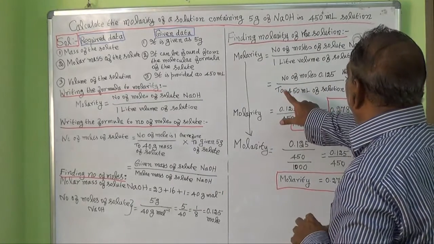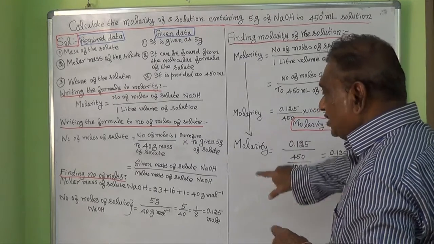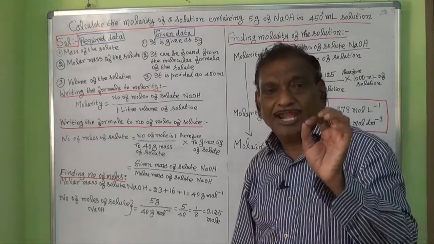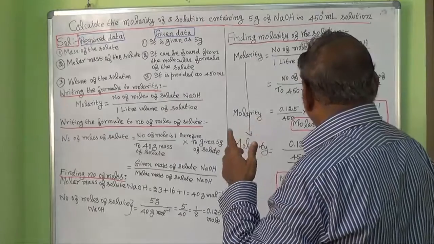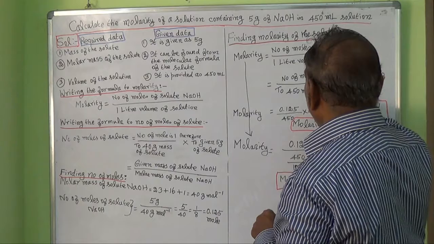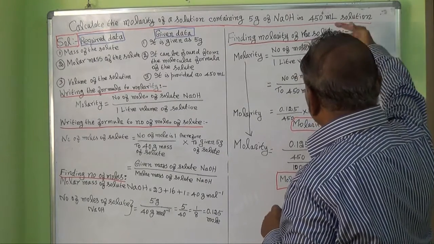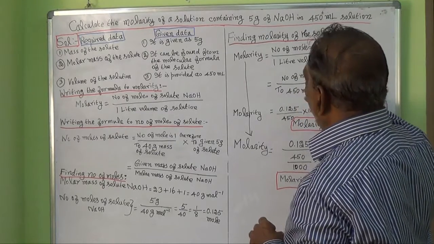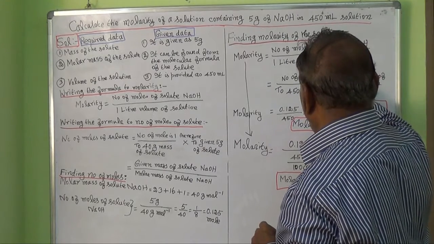So here number of moles of the solute is determined as 0.125. So that we can substitute the number of moles of the solute as 0.125. The volume of the solution is given as 450 ml of solution. So we can write the number of moles as 0.125 and the volume of the solution as 450 ml of solution.